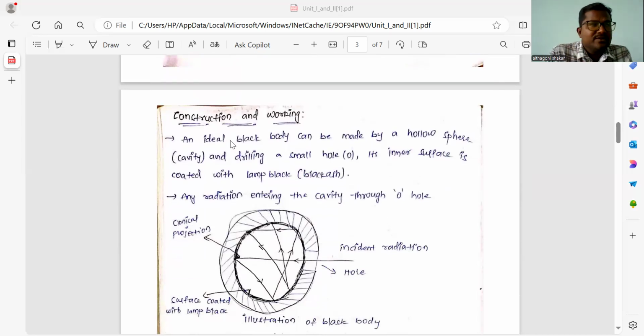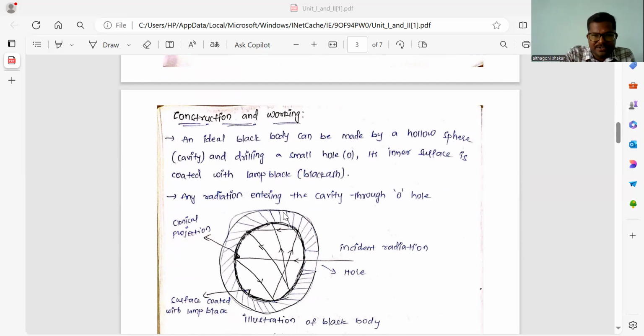Black body construction and working. We are discussing the ideal black body, which is an assumption, not a perfect black body. An ideal black body can be made using a hollow sphere.